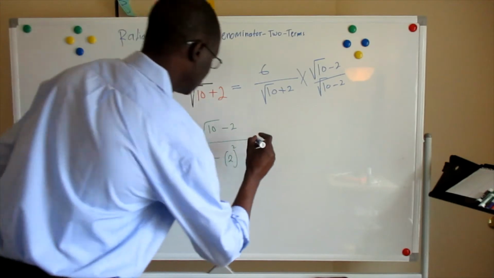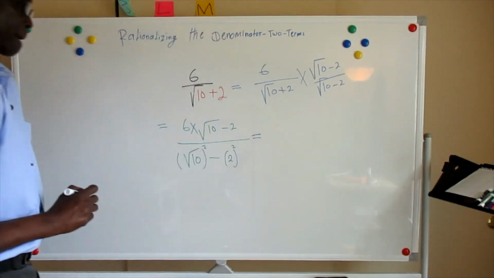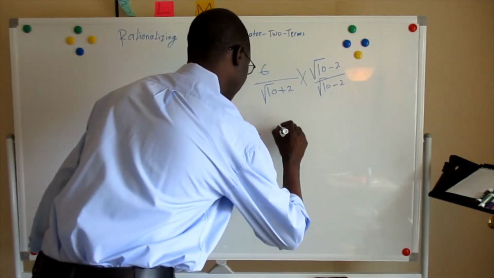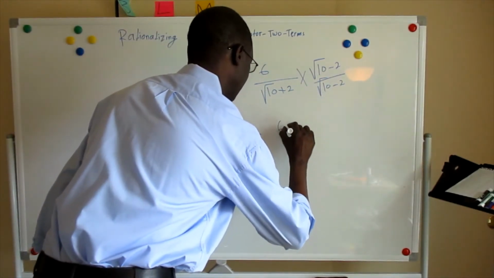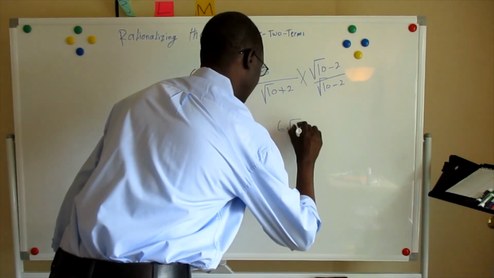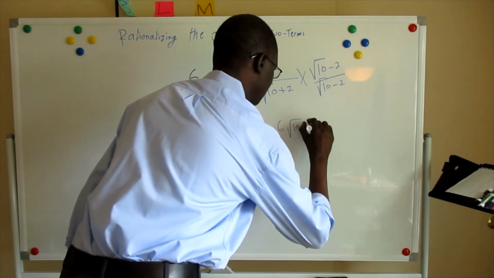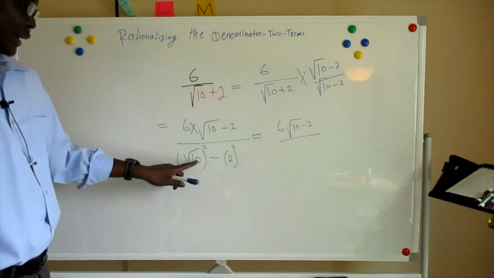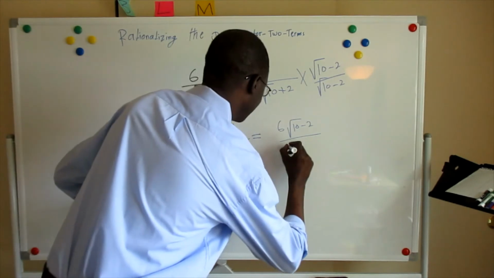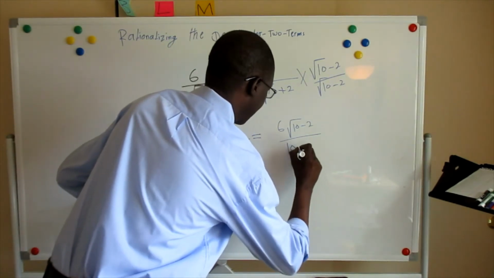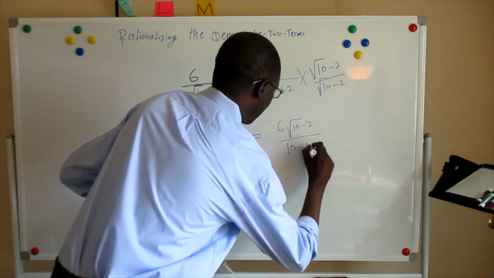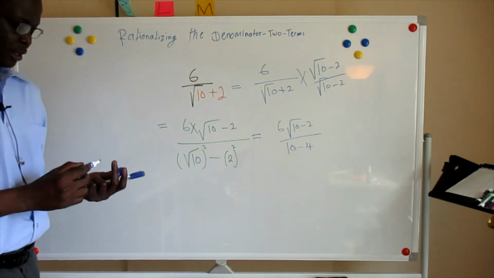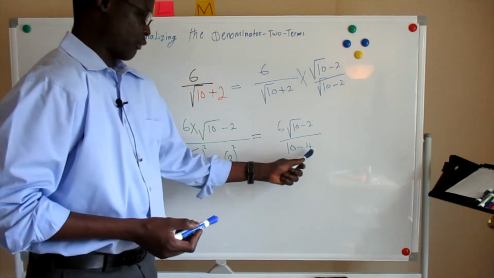And we will continue to simplify. We will still have 6 times root 10 minus 2, divided by: the square of root 10, you're going to be left with 10, minus 4, because 2 squared is equal to 4.